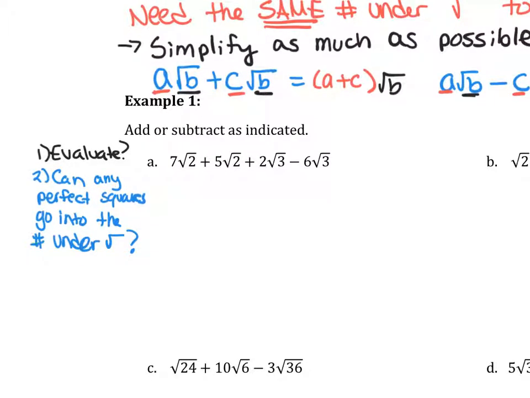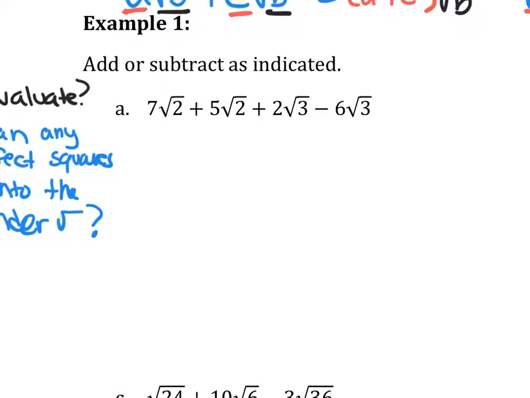Now that we are simplified, if we look at what we're left with, we can only add together the terms that have the same number under the square root. So we have 7 square root of 2 plus 5 square root of 2. Those both have the square root of 2. And we have 2 square root of 3 minus 6 square root of 3. They both have the square root of 3.